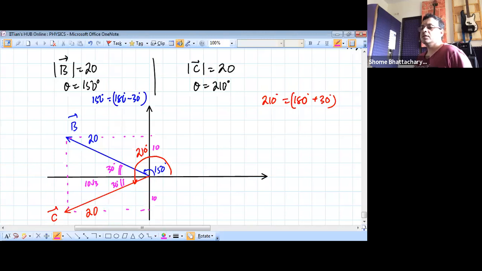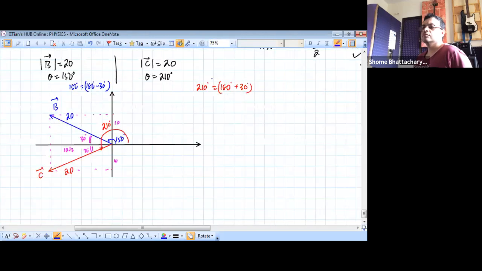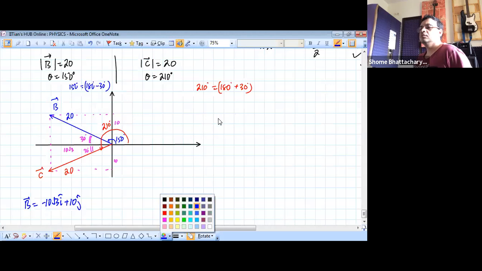So that is why you can see that the vector B we had already written before. In case of vector B, we had minus 10 root 3 i cap plus 10 j cap. So you already seen. In the case of vector C, ये क्या हो जाएगा? मेरा C का x component जो है will be 20 cos 210.